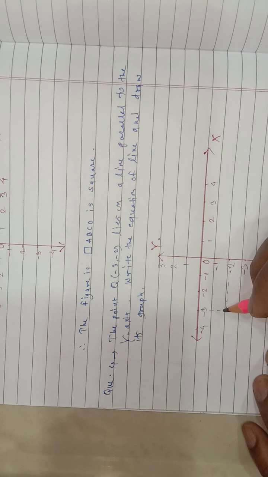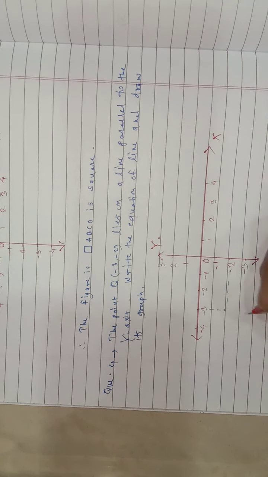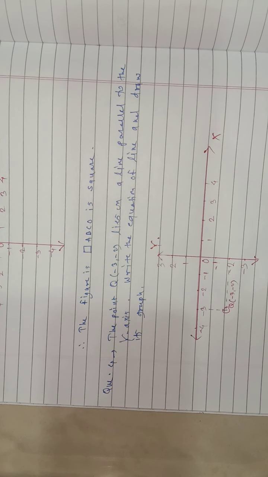So this point is Q, with coordinates (-3, -2). This point Q lies on a line parallel to the y-axis.